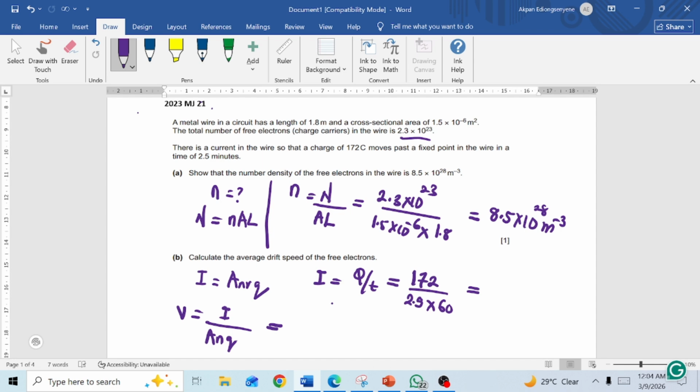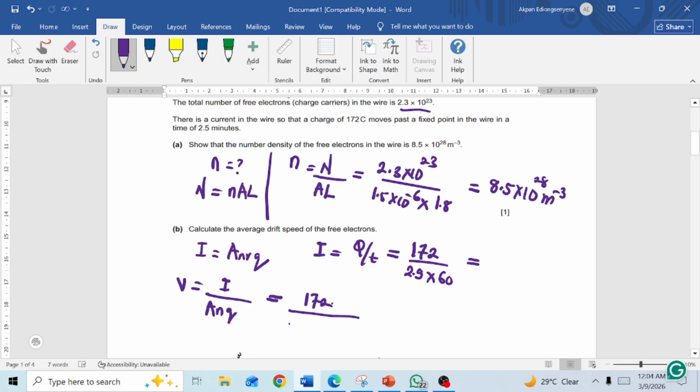We have our V equal to 172 over 2.5 times 60, times area, which is given to us as 1.5 times 10 raised to the power of minus 6, times n, 8.5 times 10 raised to the power of 28, and times Q, 1.6 times 10 raised to the power of minus 19.